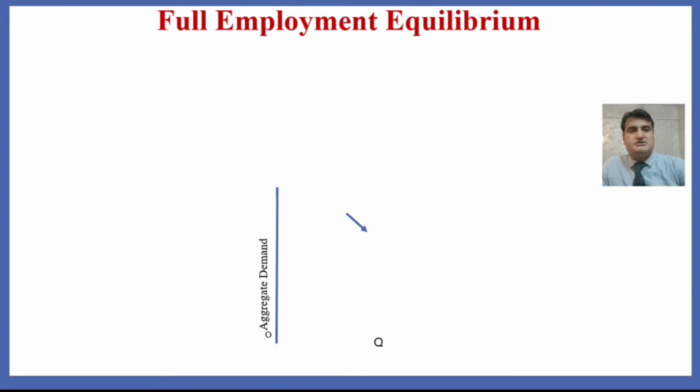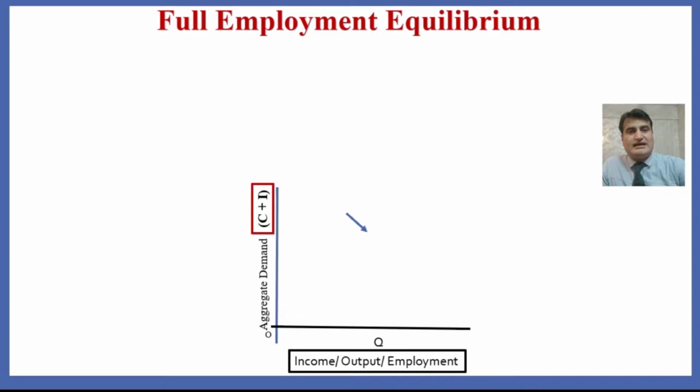Aggregate demand has been shown on y-axis, that is equal to C plus I, meaning consumption plus investment. On x-axis you can see the income, output, or employment level. So this is the aggregate supply and this is the aggregate demand.